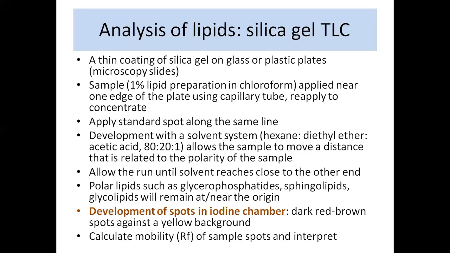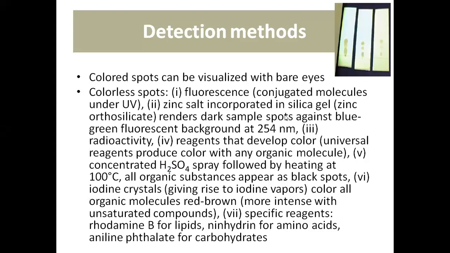Okay, so for the practical discussion, I will tell you all these slides. Okay, then coming to the detection methods, we have different methods for detection of the sample spots. One is called the fluorescence method, where fluorescent conjugated molecules are seen under the UV light.